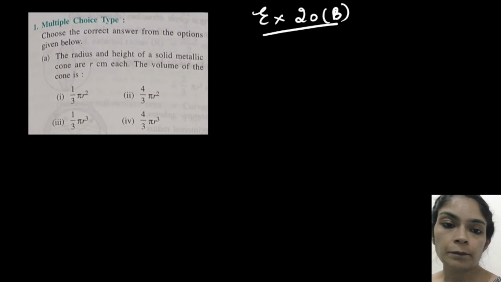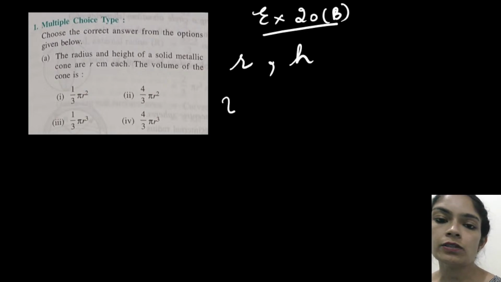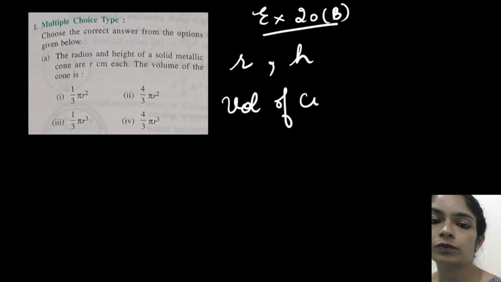So let's start. The first question: the radius and height of the solid metallic cone is r centimeter and h centimeter. What is the volume of the cone? This is a very easy, simple formula they are asking. Radius is r, height is h. So what is the volume of the cone's formula?